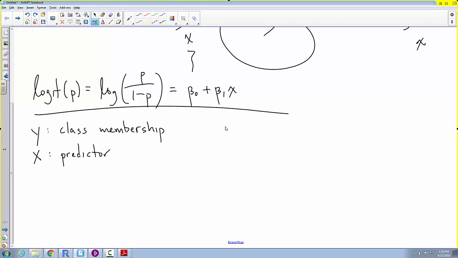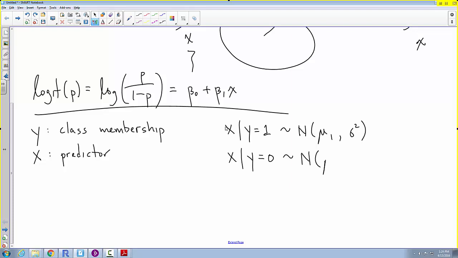Suppose we said that X for prostate cancer was normally distributed with some mean and some variance. And suppose we said that PSA for healthy people, or at least not prostate cancer people, is also normal. It has a different mean, and for simplicity, let's just say they have the same variance.